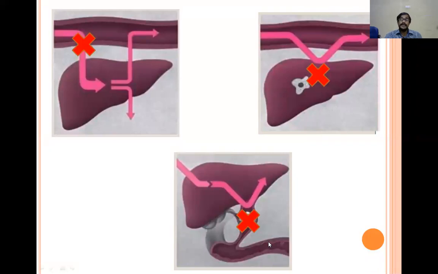So bilirubin is increased in all types of jaundice, but unconjugated, indirect, is increased in the first case, hemolytic jaundice. Both are increased in hepatic jaundice, and direct is increased in post-hepatic jaundice, because here the defect is obstruction. The conjugation is normal, but after conjugation the conjugated bilirubin can't enter the biliary tract and intestine due to obstruction.